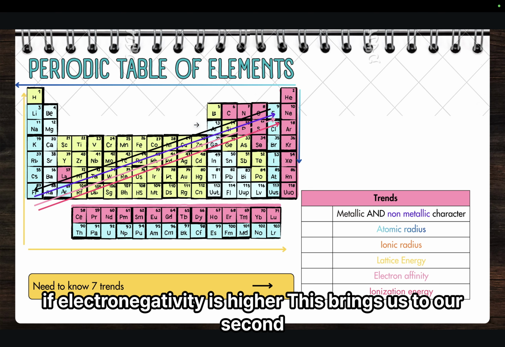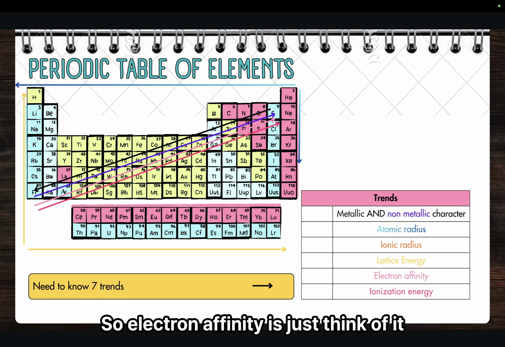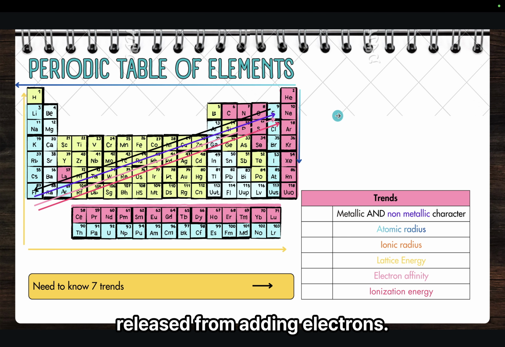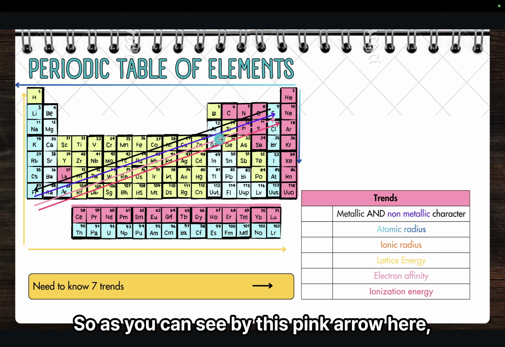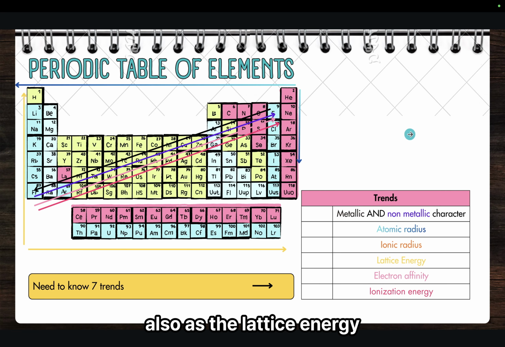This brings us to our second to last one, which is electron affinity. Think of it as either the tendency to gain electrons or energy released from adding electrons. As you can see by this pink arrow here, it's pointing to fluorine, so it's basically the exact same trend as the lattice energy.